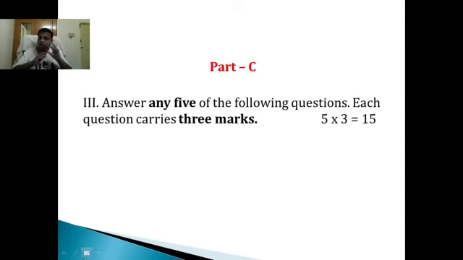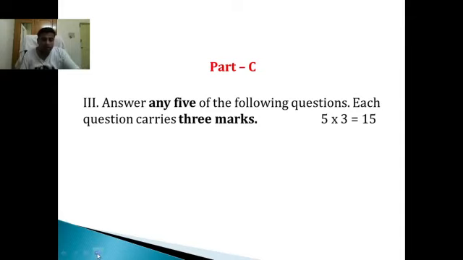You have to answer only 5 questions and each question carries 3 marks. Please write a brief, very precise answer, so that you do not lose even a single mark. Just follow what I write and look at the way I write the answers according to the scheme of evaluation.